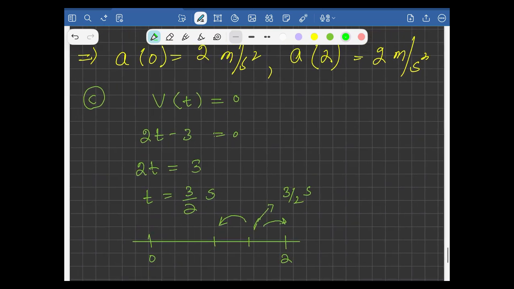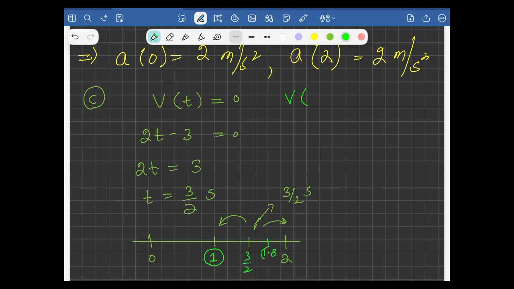What does it mean? Let's find out. For the velocity, which we said equals 0 at 3/2, what if I take a value before, say 1, and afterwards I can take any value, let it be 1.8.